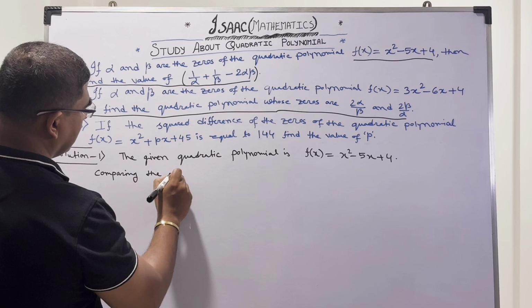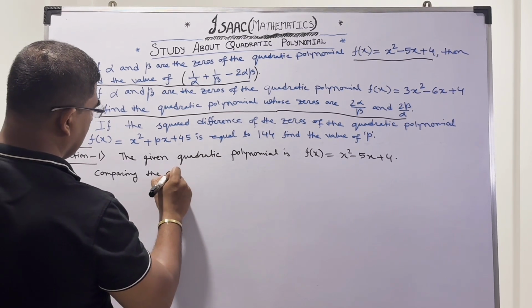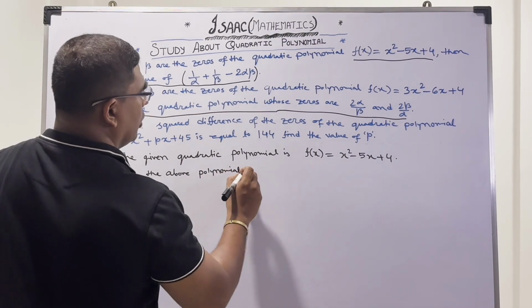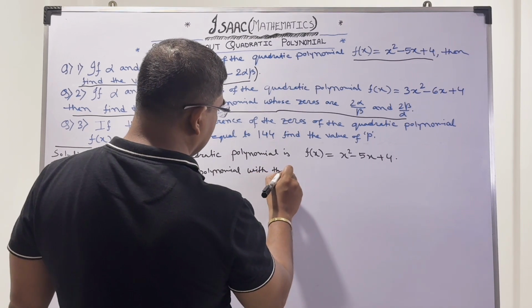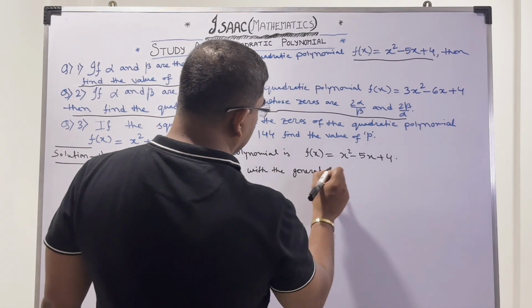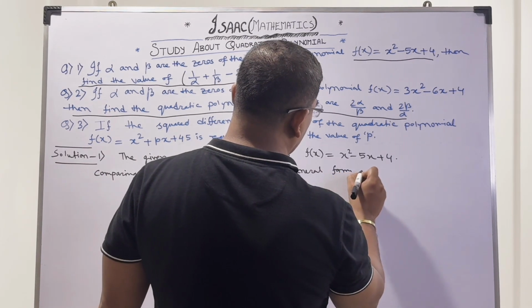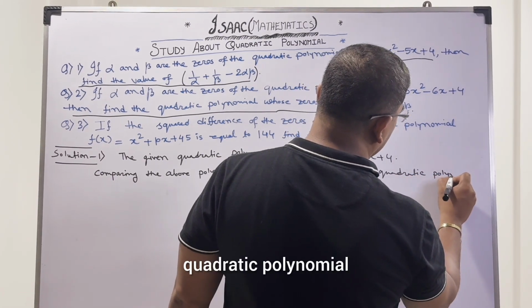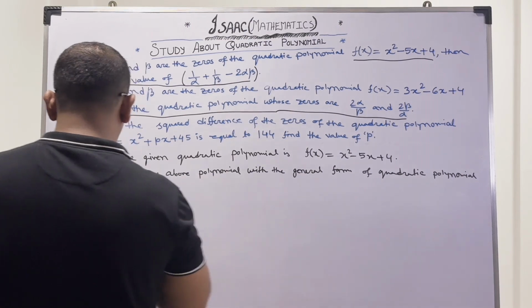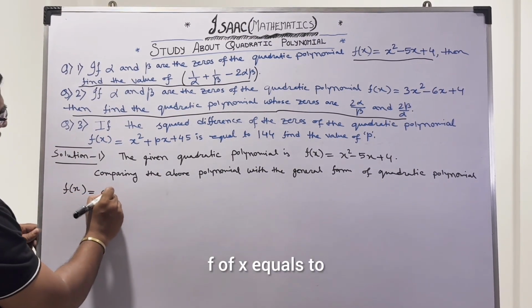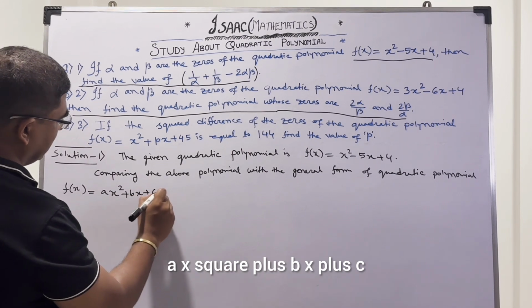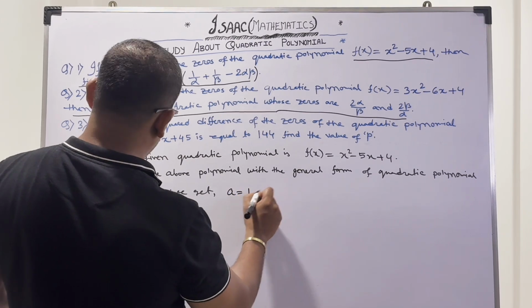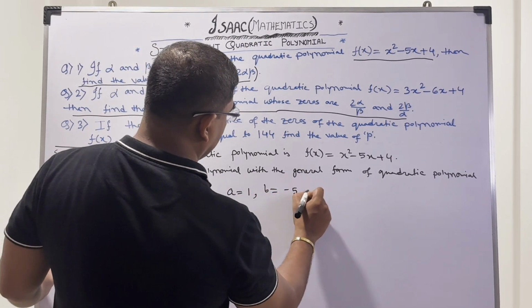Comparing the above polynomial with the general form of quadratic polynomial f of x equals ax square plus bx plus c, we get a equals 1, b equals minus 5, c equals 4.